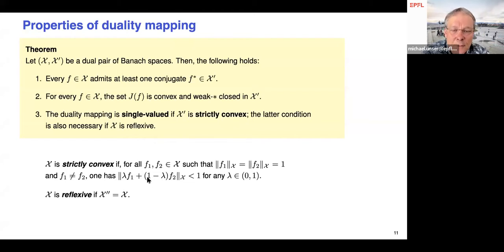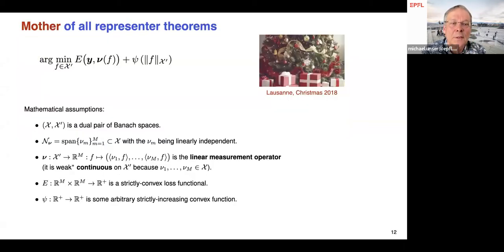And here's the definition of strict convexity. For example, all the LPs, for P between 1 and infinity, with the borders not included, are strictly convex. In particular, you also have the case of reflexive, when the double dual of X is equal to X. And in this case, you're also automatically strictly convex.